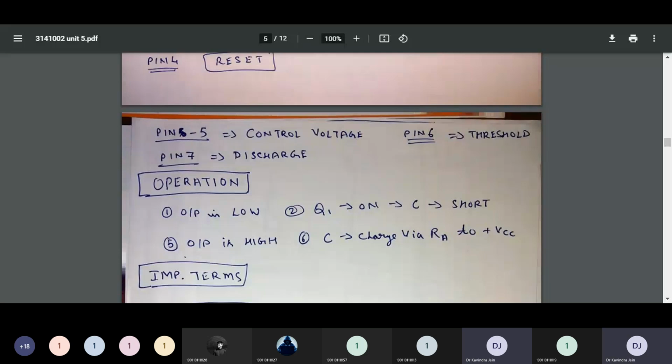Number one, pulse width: the width of the trigger input must be smaller than the expected pulse width of the output waveform.